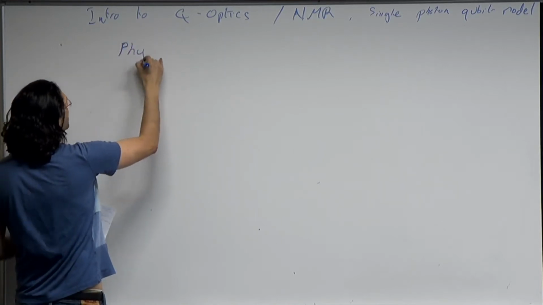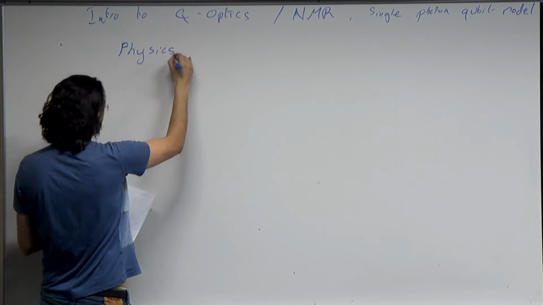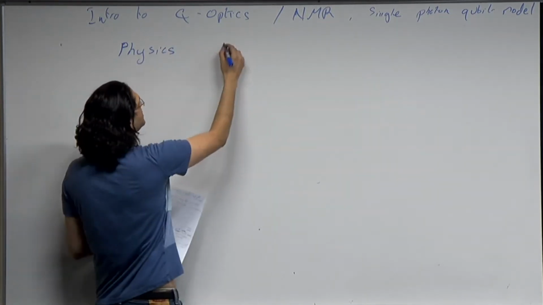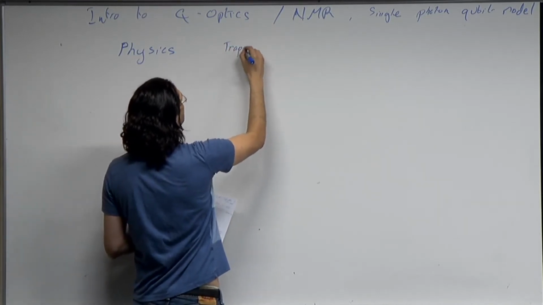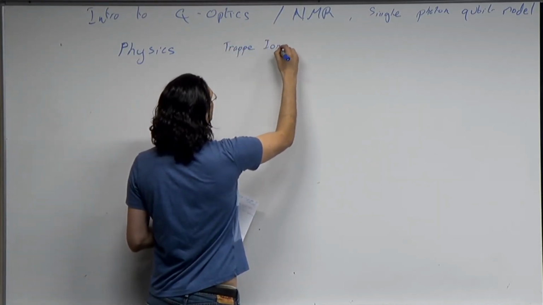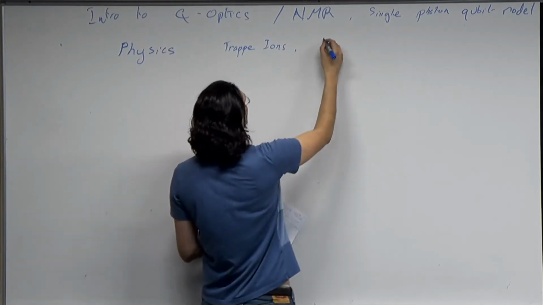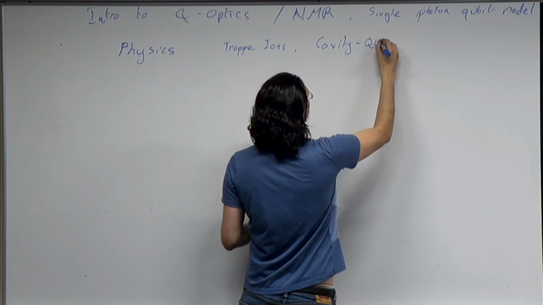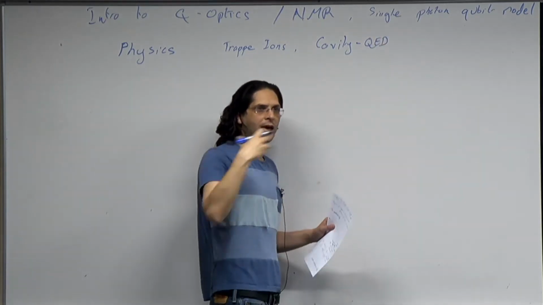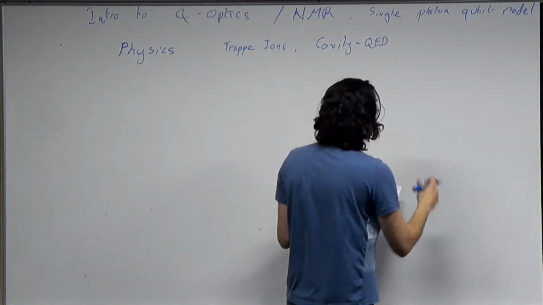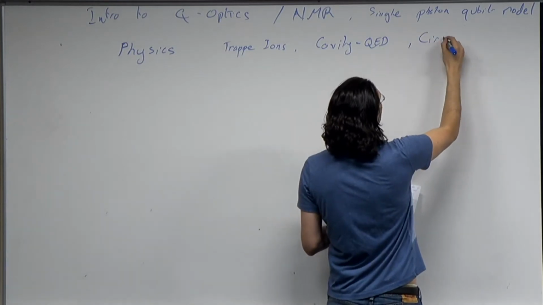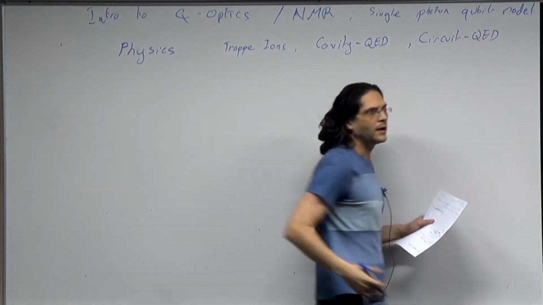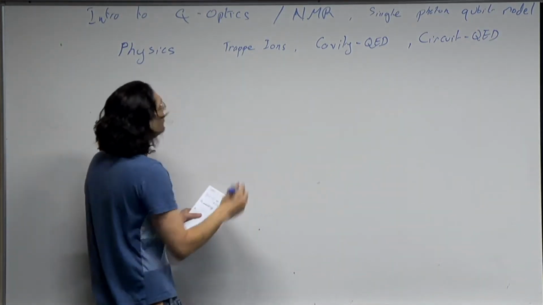So we're going to be talking about physics that will later be important to systems like trapped ions, cavity QED, those Rydberg atoms flying through cavities, circuit QED, that's superconducting qubits, and so on.